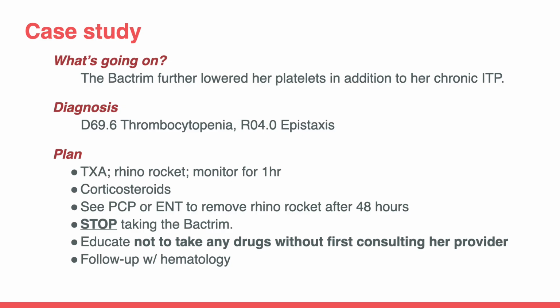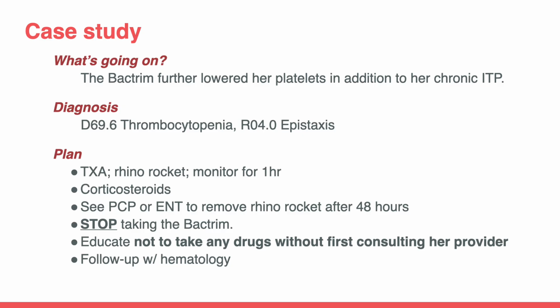Maybe while we were waiting for that CBC, we did some TXA and put a rhino rocket in, and we've been monitoring her. If she's good after an hour, then we can probably discharge her on the basis of the epistaxis. If not, we'll have to admit her for further hemodynamic monitoring, possible blood transfusion, and further intervention or treatment.